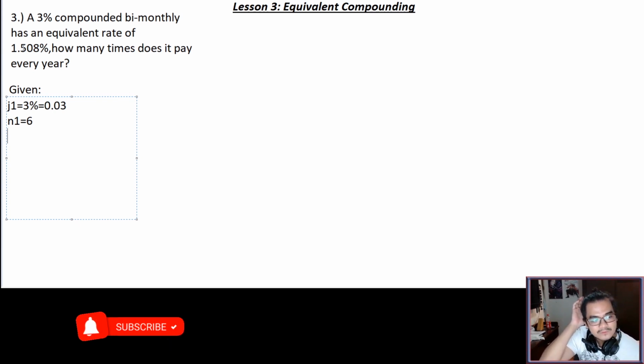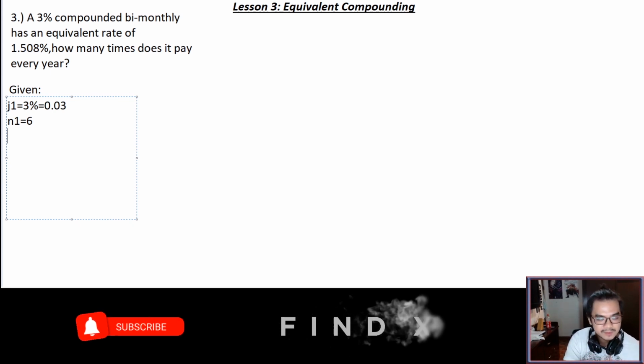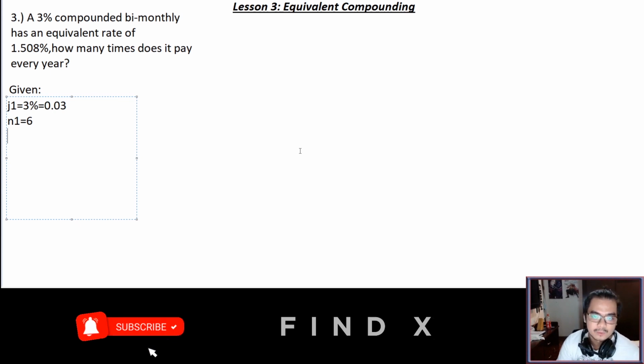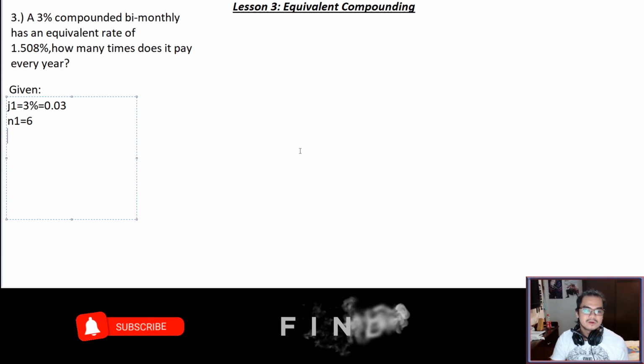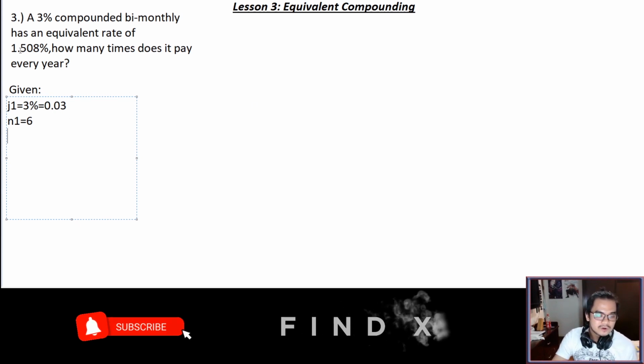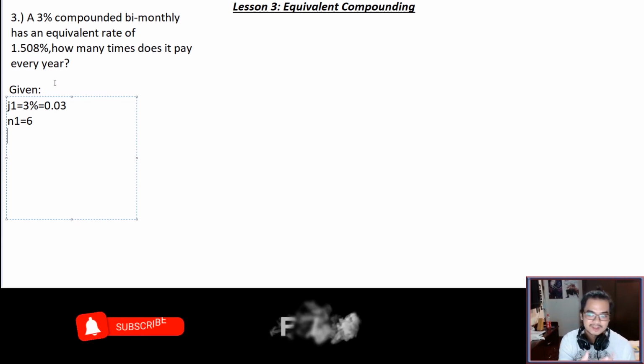That 1.508% must be an interest rate reflected to what method of compounding? It can be annually, semi-annually, monthly, or something like that. We don't see any word compounded in 1.508%, right? Therefore that is not a nominal rate.